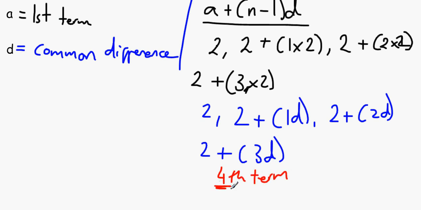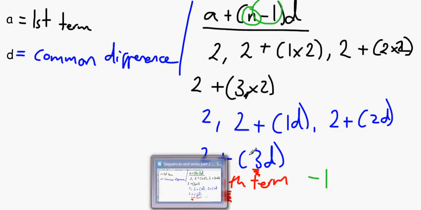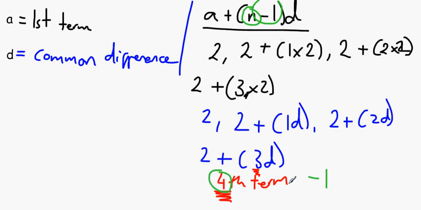To get from this number to this number, we need to subtract 1. And this is where the minus 1 comes from. This term, minus 1, gives us this term.